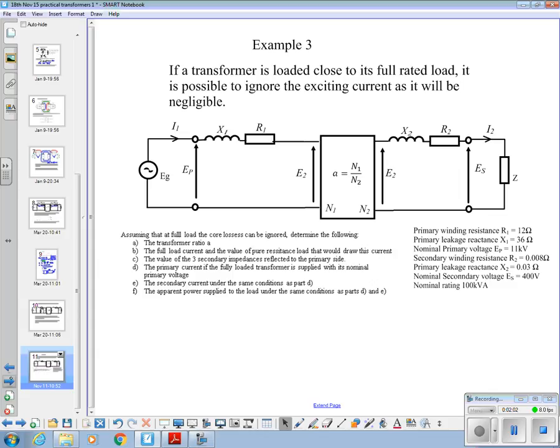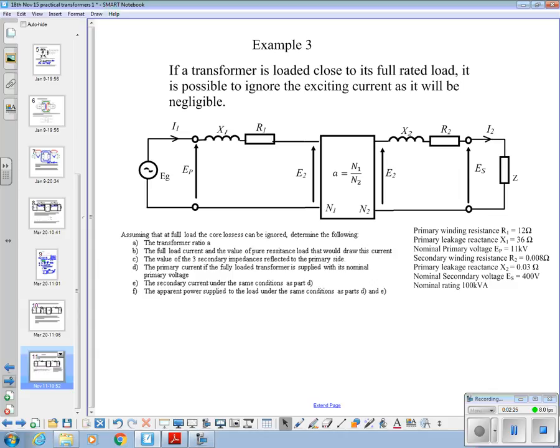Primary voltage is 11 kV. R2 is 0.008 ohms, sorry. X2 is 0.03 ohms.